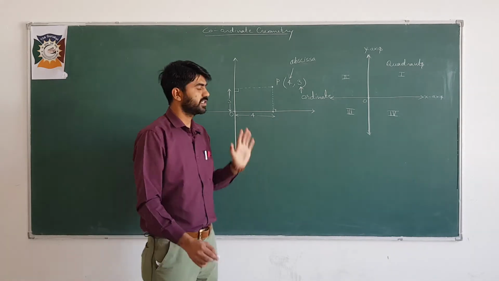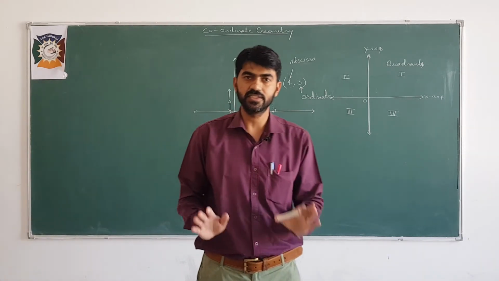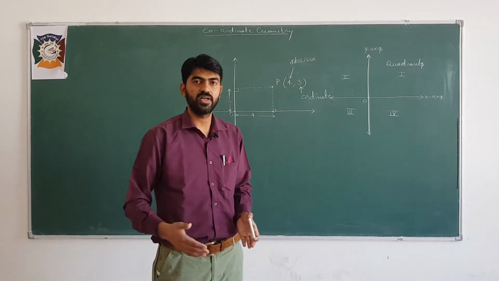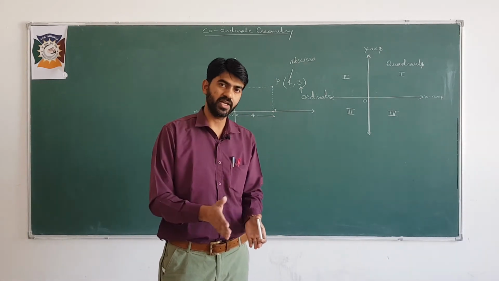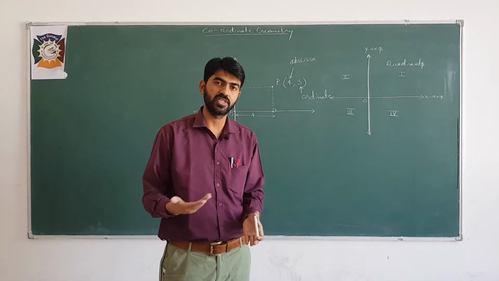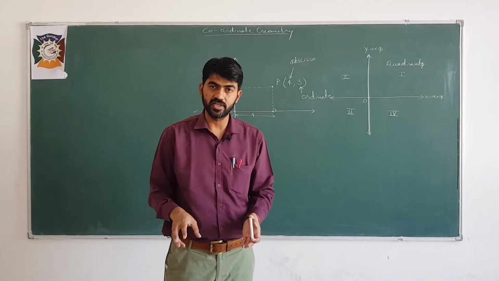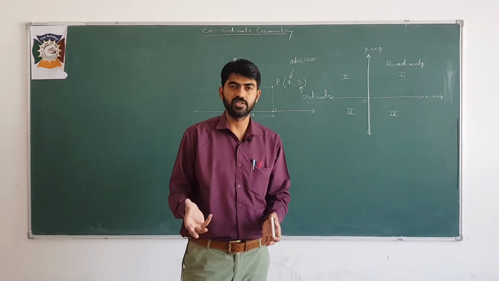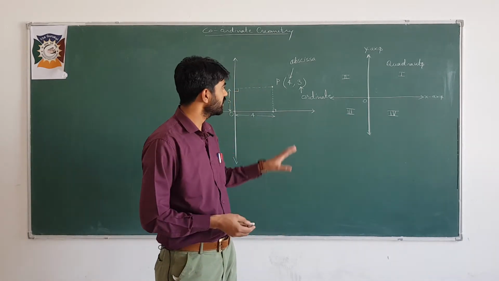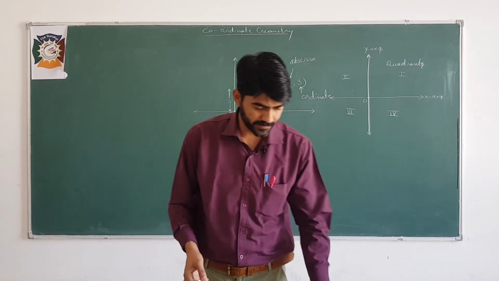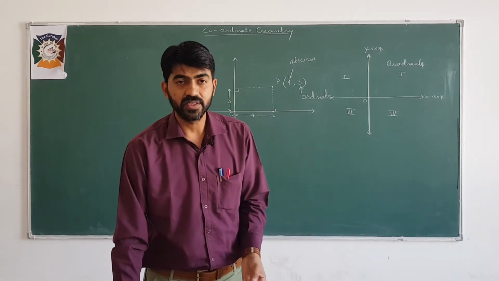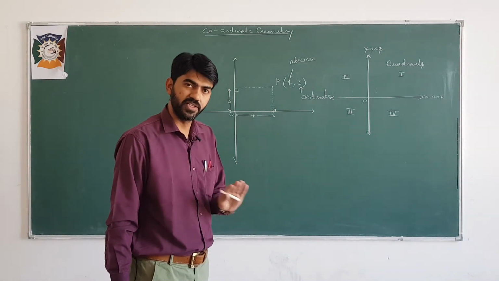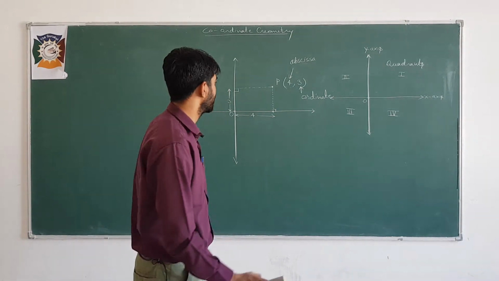These things we have learned in class 9, coordinate geometry. If you are not aware of these things, I would suggest you to go back to class 9 and revise those chapters, that is how to plot a point, and what is ordinate, what is abscissa, what is origin, quadrants, and plotting the points. It is generally done in 9th and 8th class also. So, go through those things clearly and then go with this chapter.